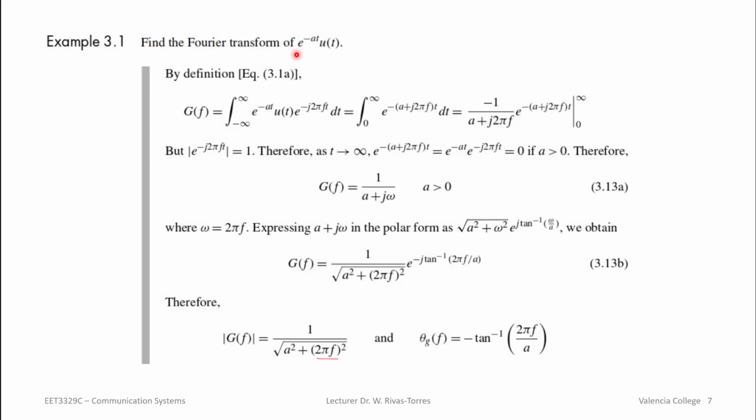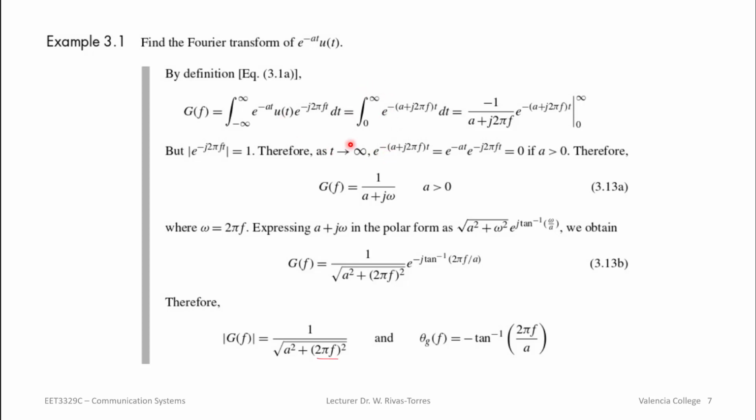So we're going to look for the Fourier transform of e to the minus at times the unit step, right? By definition, this would be the Fourier transform integral from minus infinity to plus infinity, but we notice that u(t) only exists from t equals 0 and above. Below that, it equals 0.